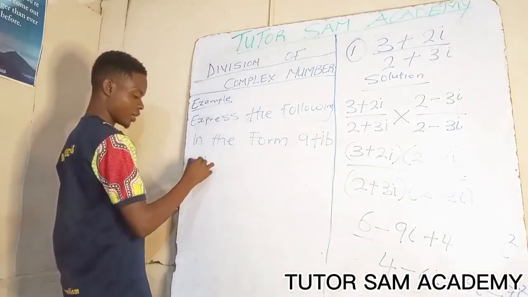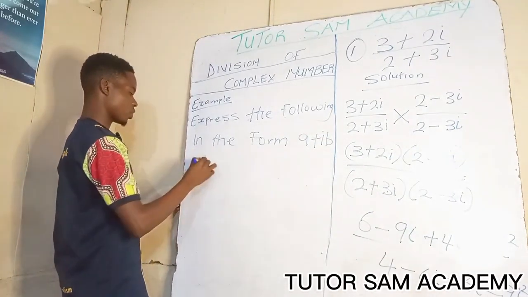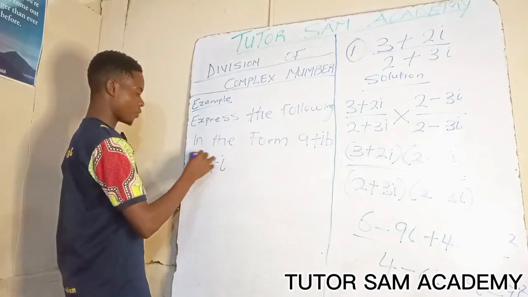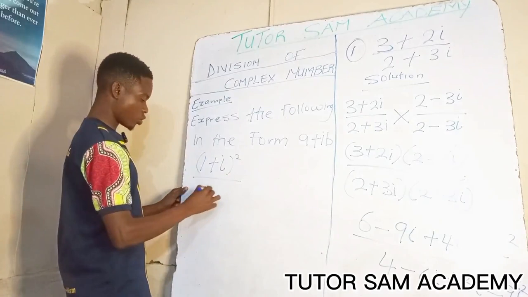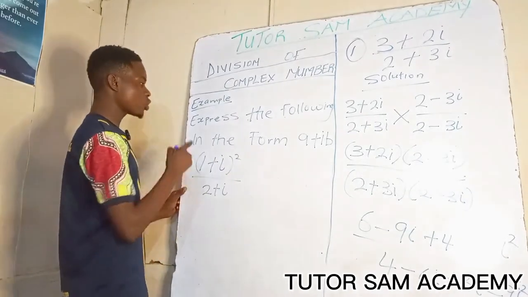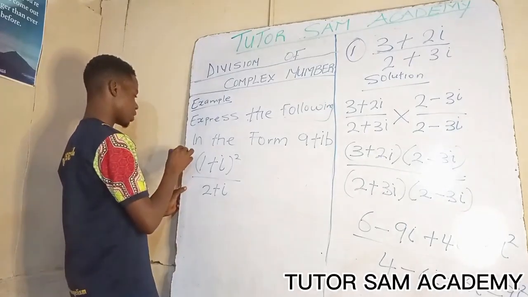So we have 1 plus i all square divided by 2 plus i. I'm going to solve one, then I will allow you to try this. Let me call this 1.